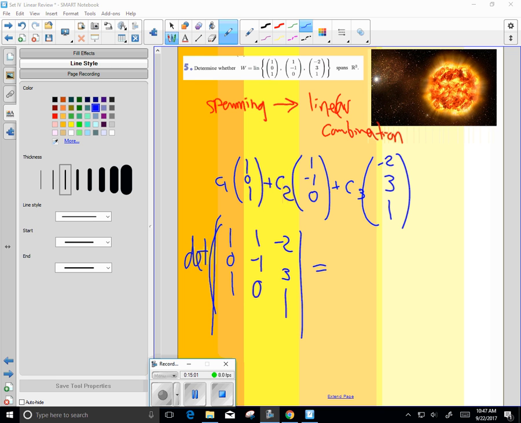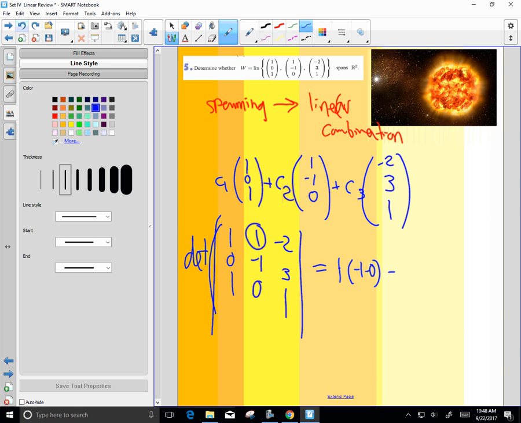You can use your calculator, or I would just cover up what's underneath the first 1 here. And that'll give you negative 1 minus 0, which is 1 times negative 1 minus 0. Minus, now we're going to do this 1. 1 times 0 minus 3.